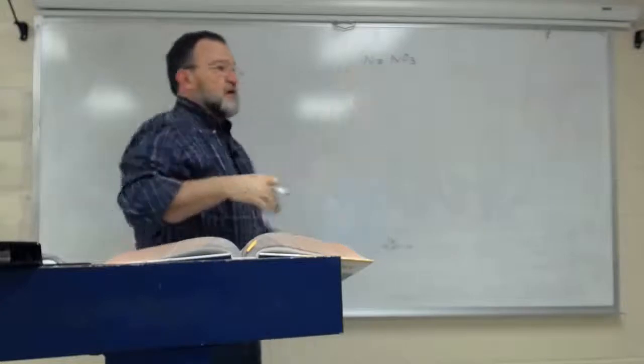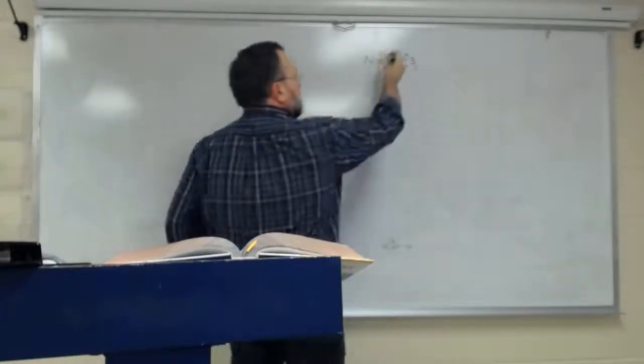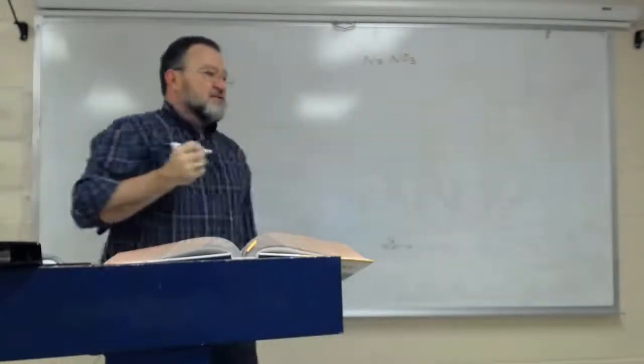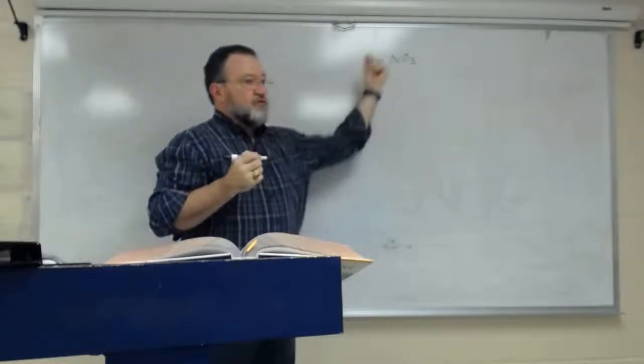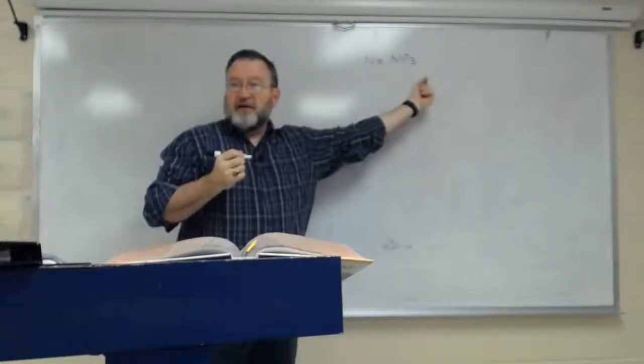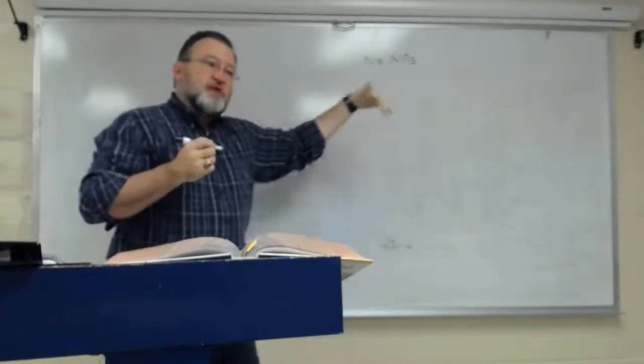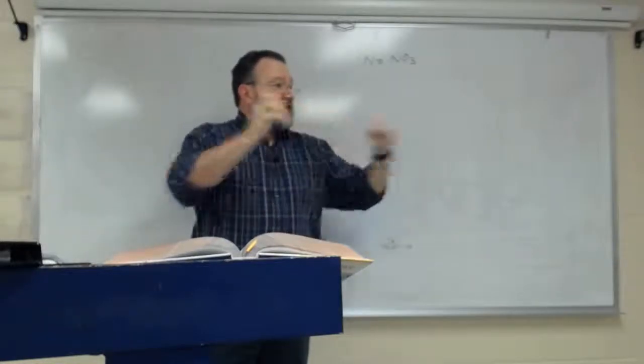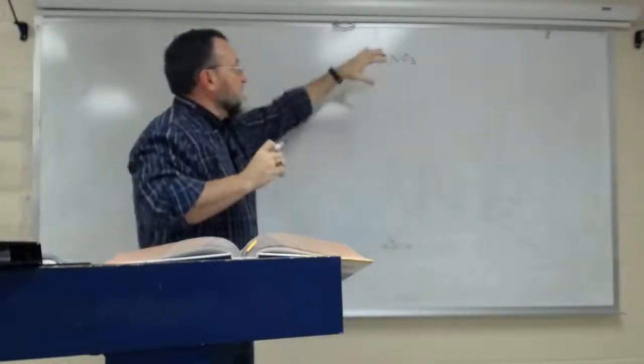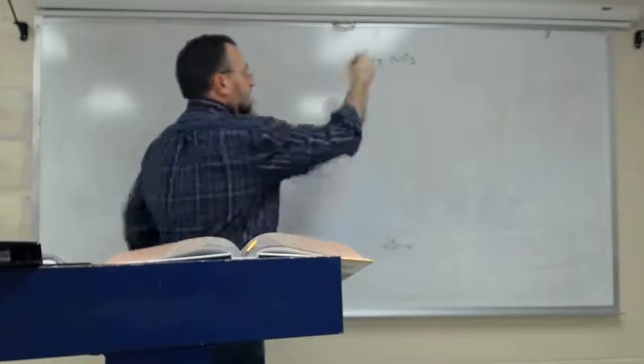There's an ionic bond, an attraction between the positively charged sodium and the negatively charged net charge for the nitrate polyatomic ion. When we put this in water, the ionics break apart, right? So as this dissolves in water, it's going to decompose.